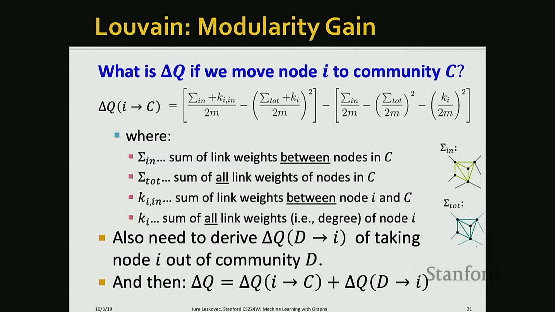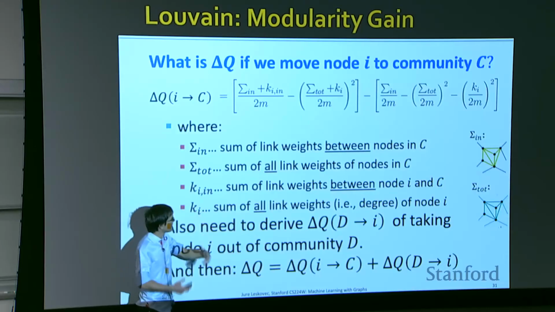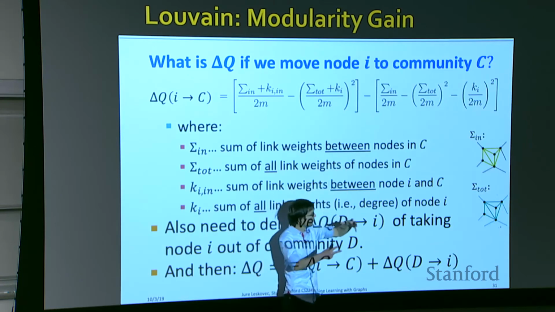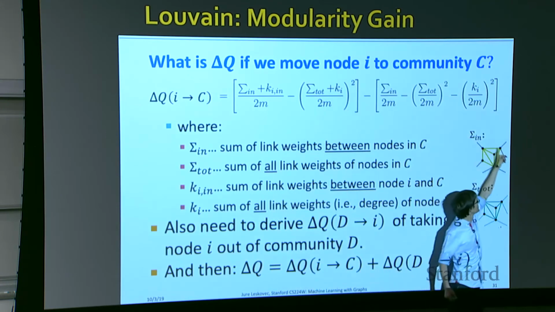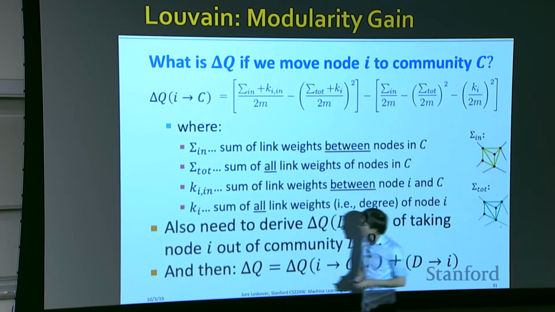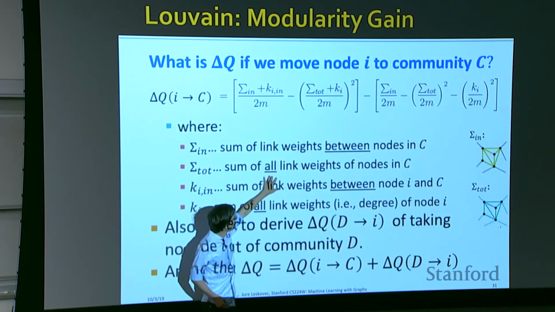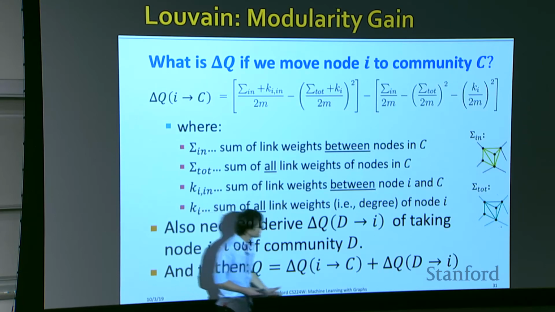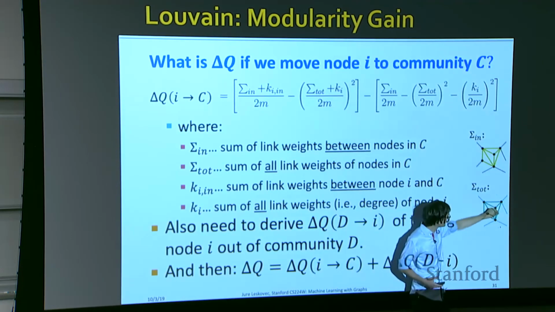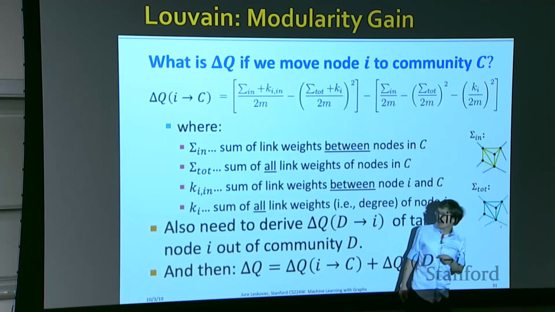But essentially, the parts that are important are: sigma in is the sum of the link weights, or the number of links, between the nodes that are in the community. So this is the internal number of edges. Sigma total is the sum of all link weights of all the nodes that are in C. So this means it's everything that's inside plus everything that points outside.